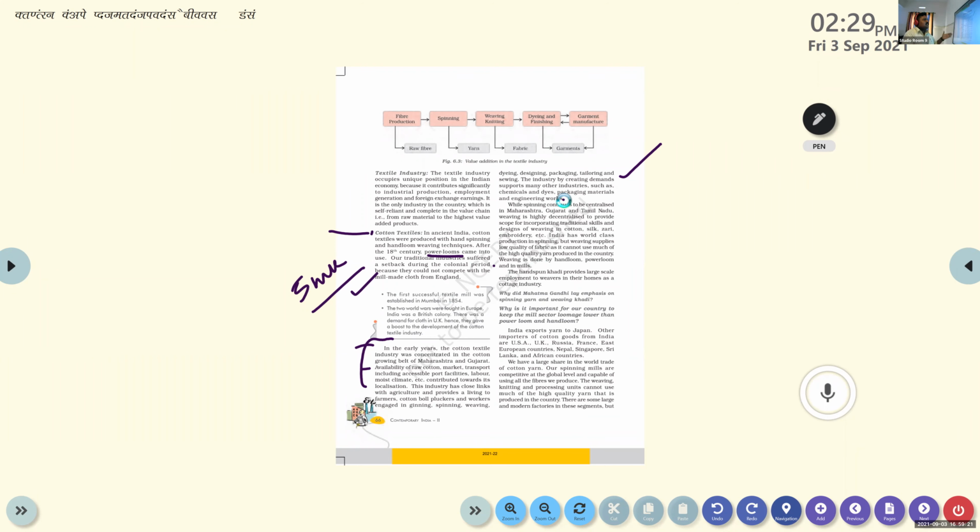The people who engage in cotton ball plucking, ginning, spinning, weaving, tailoring, sewing, a number of people are engaged in this industry. Other industries also developed related to the cotton textile industry, such as chemicals and dyes, packaging material industry, and engineering works. Is this clear or not? These points are clear.